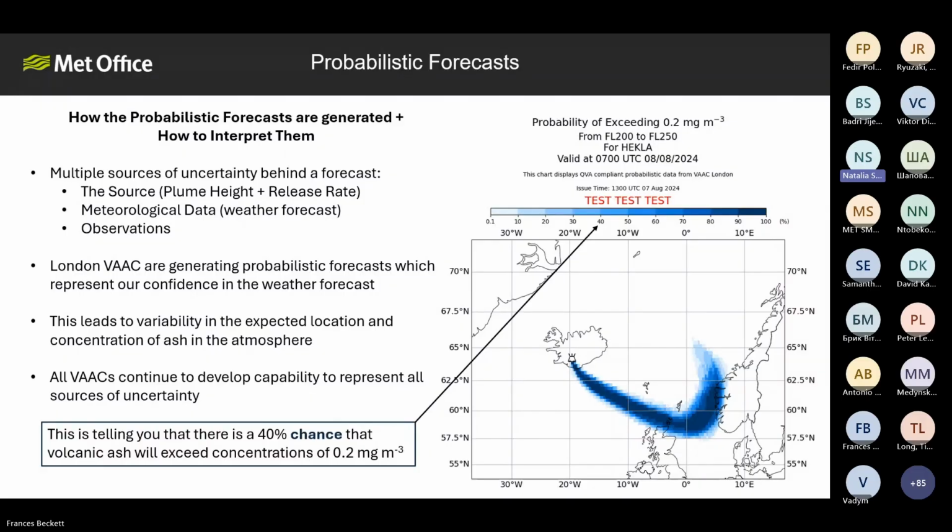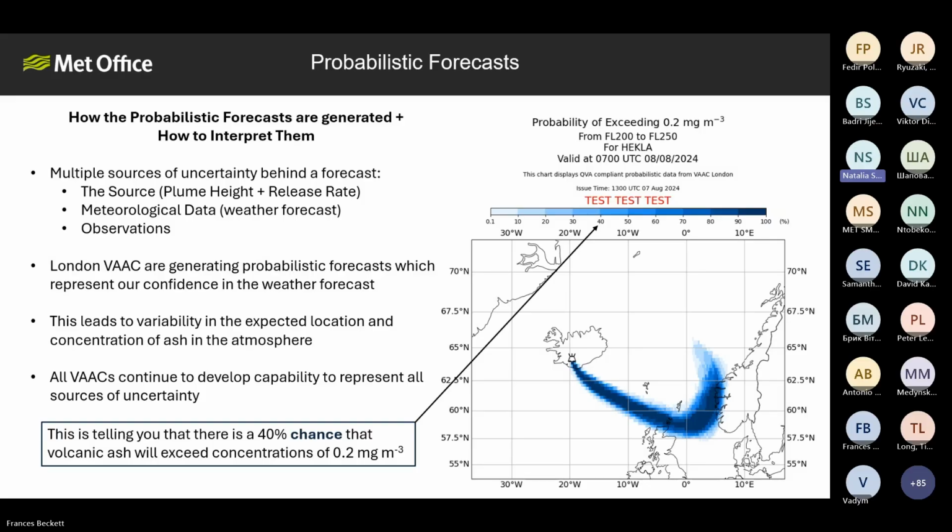There's also uncertainty associated with your meteorological data, which you will have all experienced in your day-to-day lives with the weather forecast. You will also know from your weather forecast that the level of uncertainty varies from day to day. Some days the weather forecast is spot on. Another day, you will have looked at the forecast, left home without an umbrella and been rather disappointed.